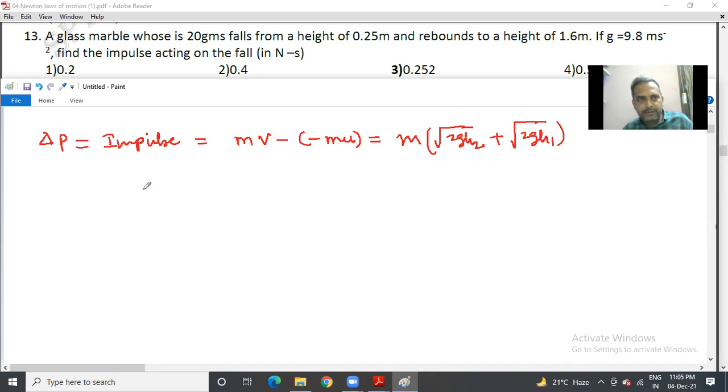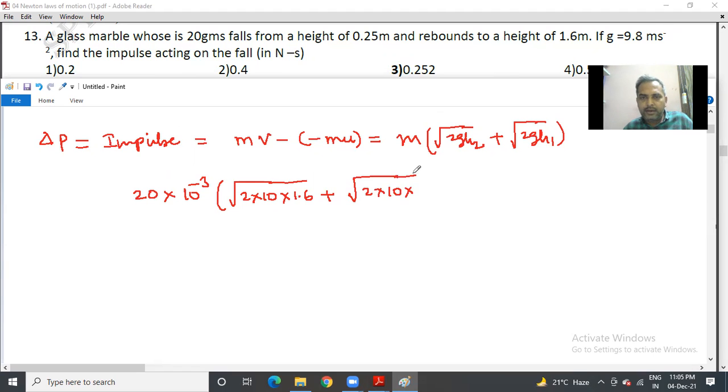Now m is 200 grams, convert it into kgs, 200 into 10 to the power of minus 3, and inside the root 2 into 10 into h2 which is 1.6, plus 2 into 10 into, then treat g as 10, 2.5.